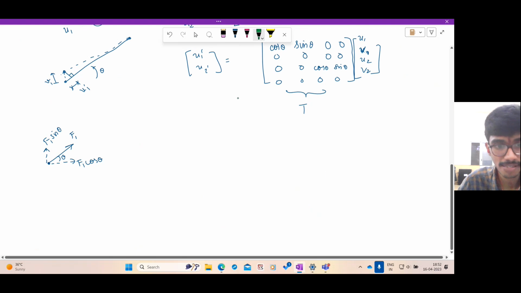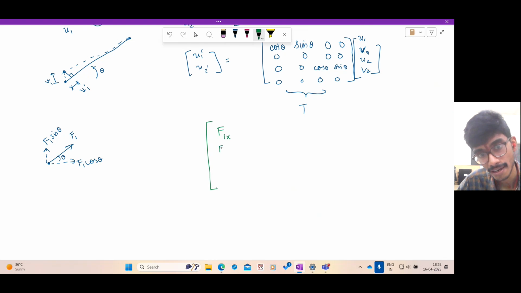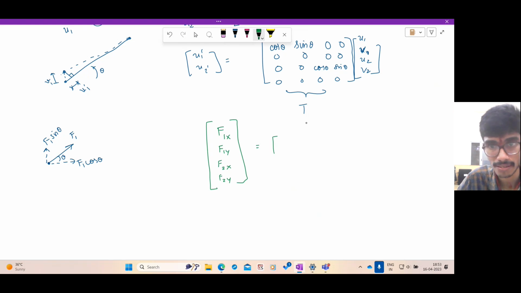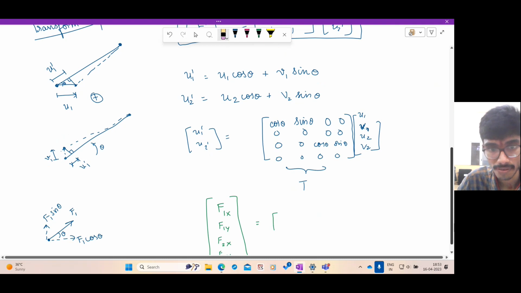From this transformation, F1x, F2x are just the components. So I can write this as the global to local relation: F1x, F1y, F2x, F2y. What are they? They are just the components. So you get some... this is a 4 cross.